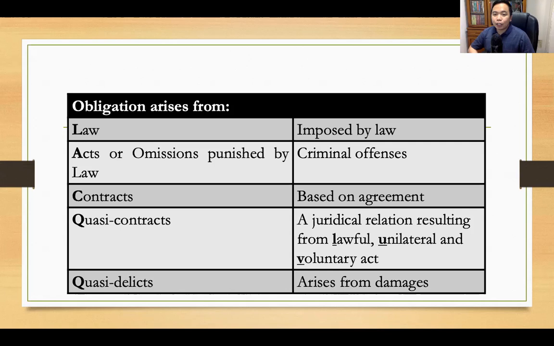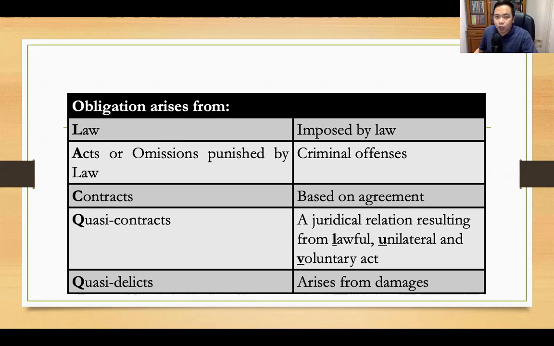Because of this lawful, unilateral, meaning it is upon the initiative of the neighbor to save the property, and voluntary act, the law imposes an obligation on the owner to reimburse that neighbor for the expenses he or she incurred in saving the property.